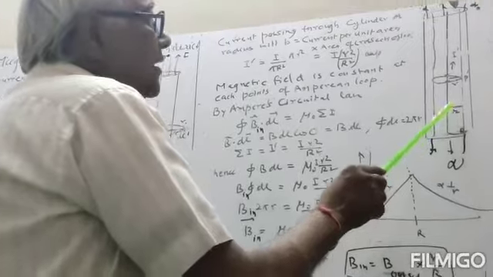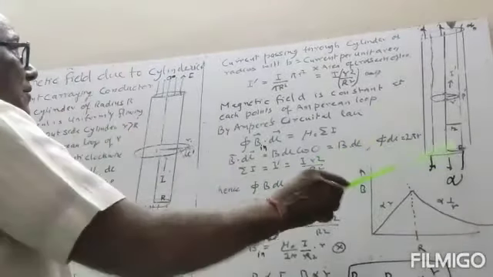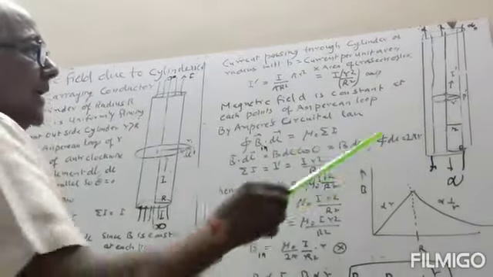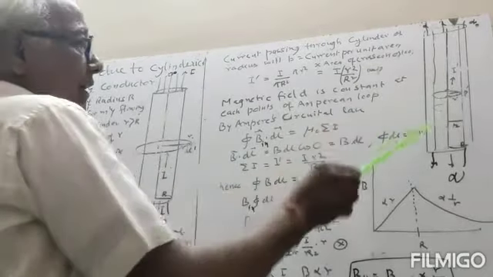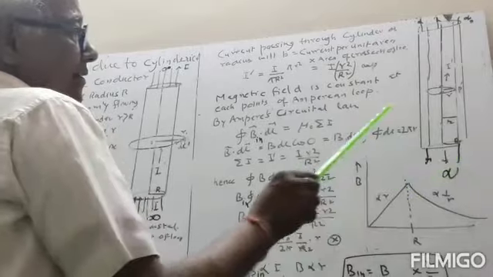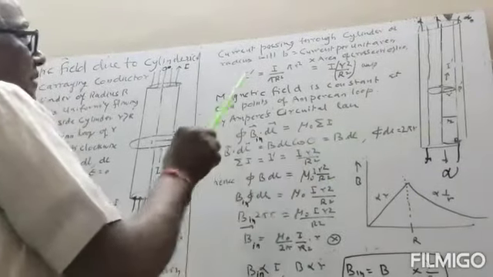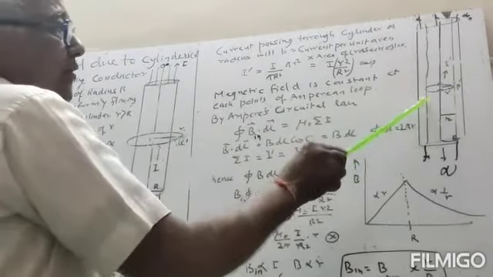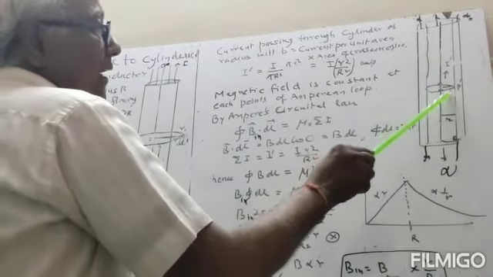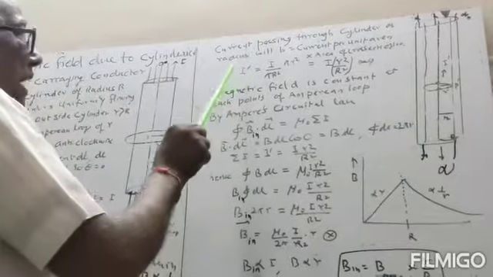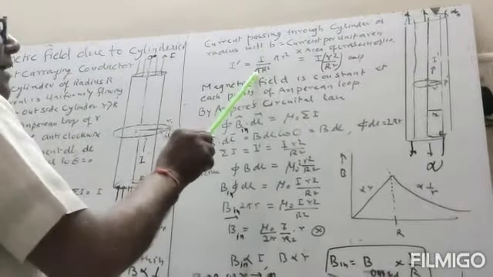For that we can find the current density. The current density here will be equal to the current I divided by pi R square. And the current passing through the area of cross section pi small r square will be I dash, equal to I divided by pi R square times pi r square.